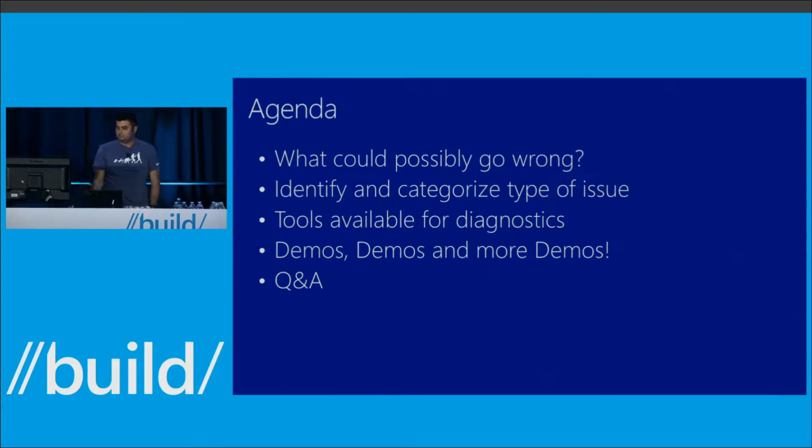Then we'll see the tools that are available. We'll do lots and lots of demos. I'm going to start with something very simple and walk through how you start peeling the onion, until in the final demos we look into some really advanced stuff and see how we can help you troubleshoot live performance issues with your websites.